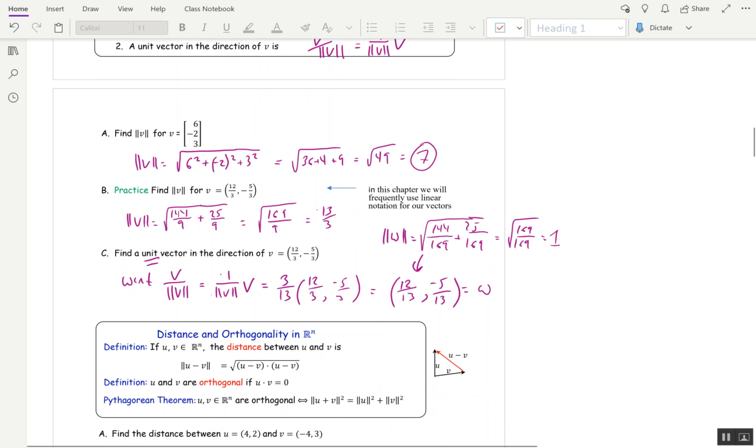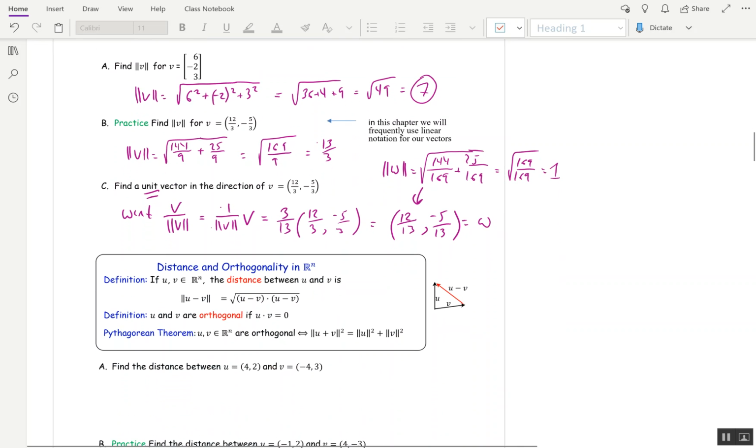All right, so we're going to use that definition of length to define distance. So if u and v are two vectors in Rn, the distance between them is the length of the difference, u minus v. And so geometrically, if we think of those vectors u and v in R2, here's u and here's v, u minus v is the vector that goes from the tip of v to the tip of u.